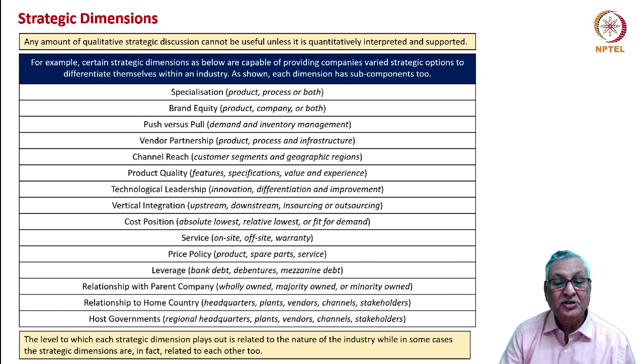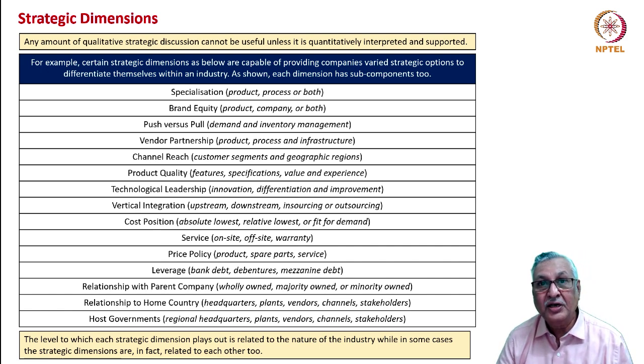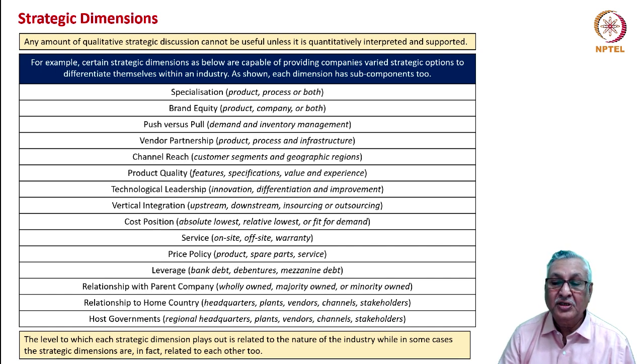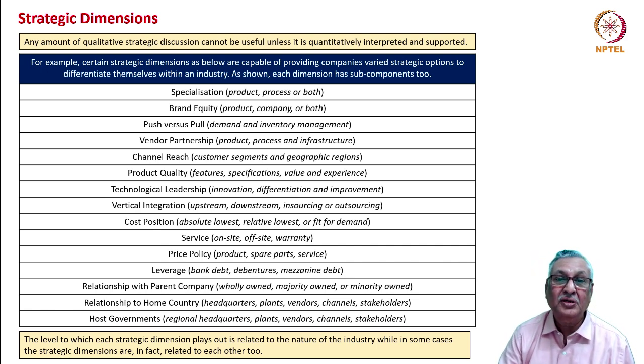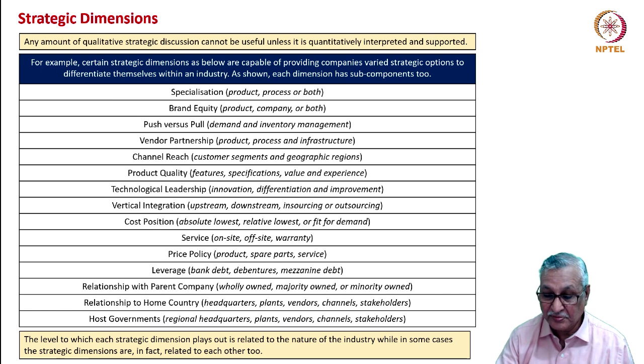The level to which each strategic dimension plays out is related to the nature of the industry, while in some cases the strategic dimensions are in fact related to each other too. That is, channel reach and the service position could be interrelated. Cost position and the vendor relationship could be interrelated. So we have to also see that there is no autocorrelation between the factors that are chosen.